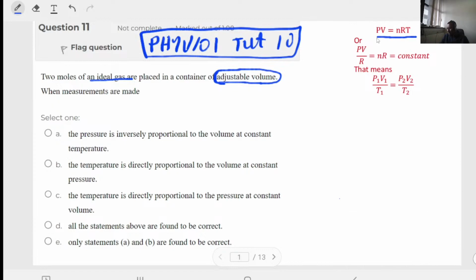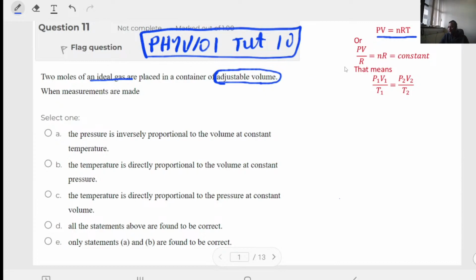Those of you on Teams, on the right hand side, this equation is what I'm talking about. If it is an ideal gas, I could use PV equals nRT. The pressure times the volume equals nRT. This is the ideal gas law, where n is the number of moles, R is the gas constant, and T is the temperature.